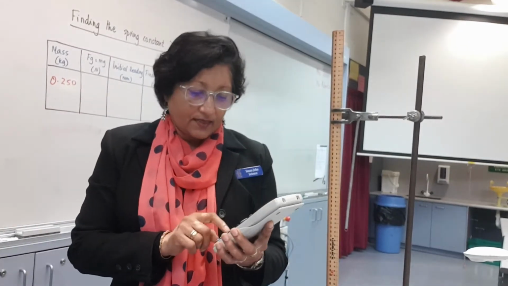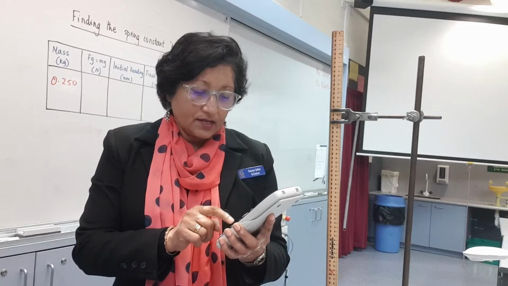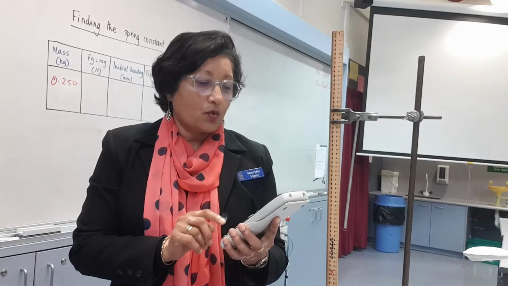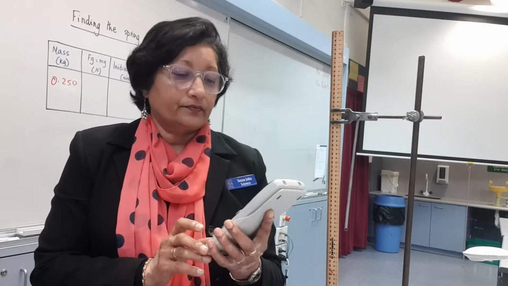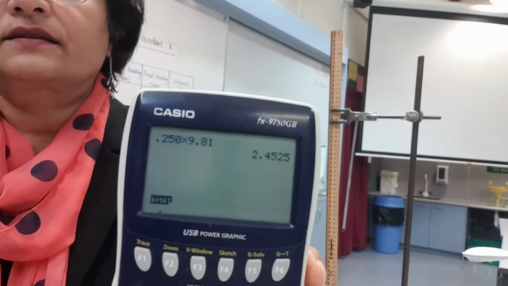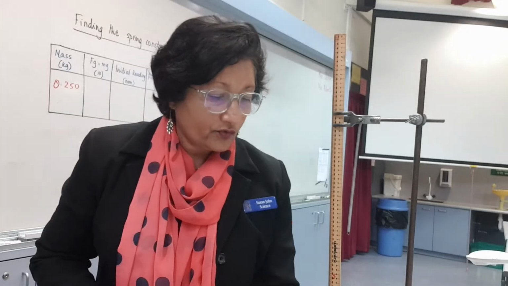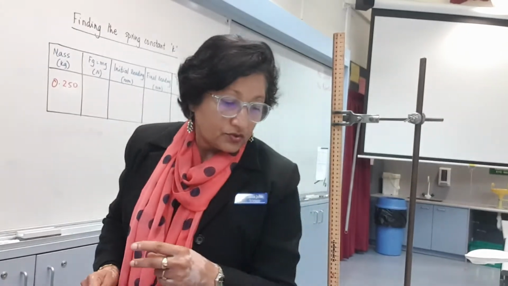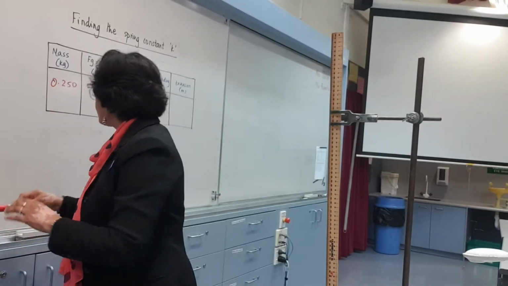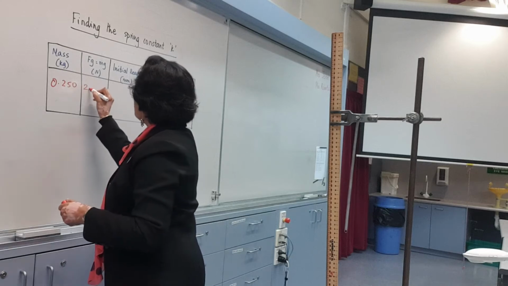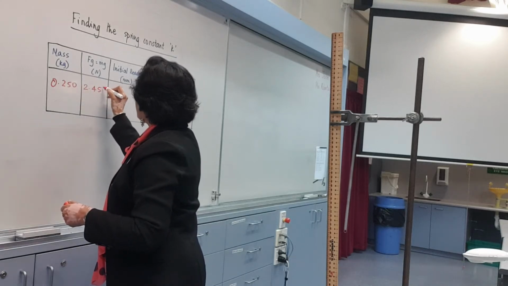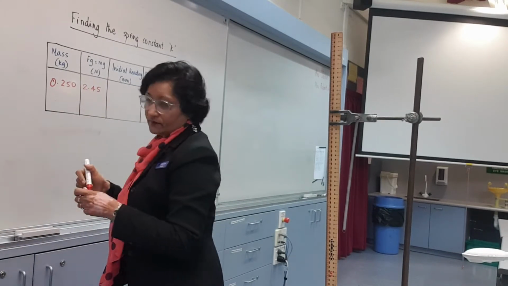I'm going to get 0.250 times 9.81. So I get this value, which I'm just going to put under the force. It's 2.4525. So this is 2.45, we'll do 3 significant figures.